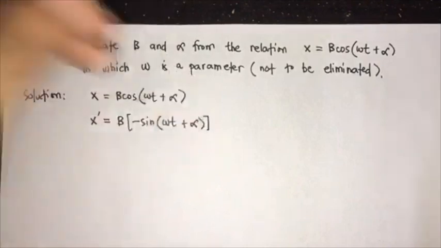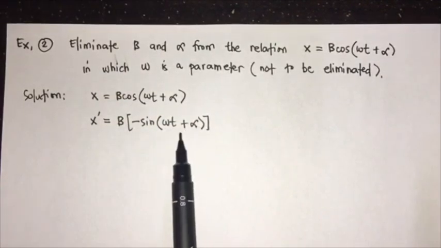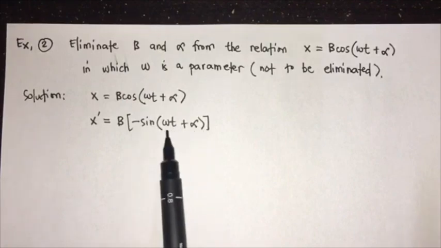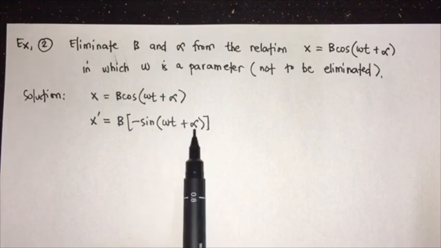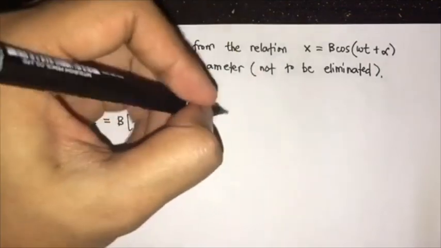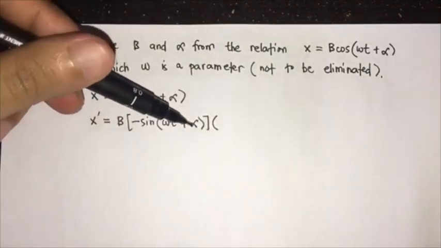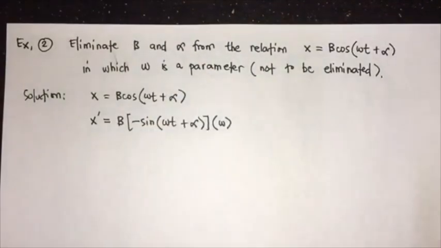And then by the chain rule, multiply by the derivative of the function inside the trigonometric function. The derivative of omega t plus alpha with respect to t is omega times 1 plus 0, so omega.